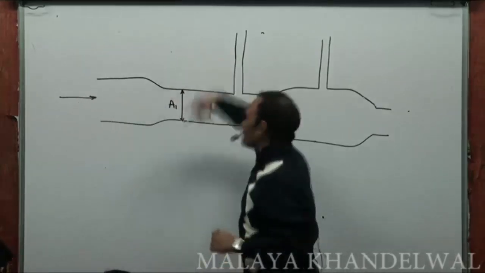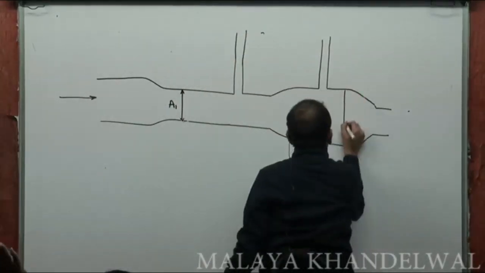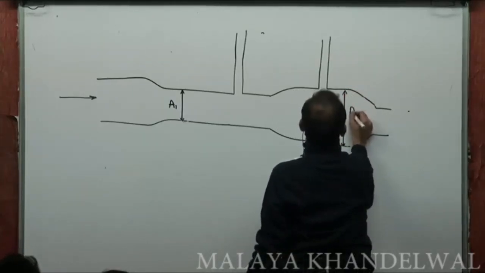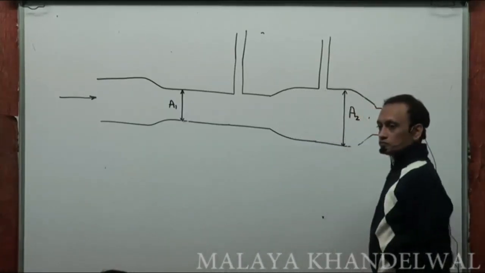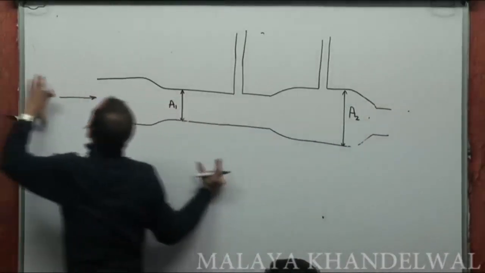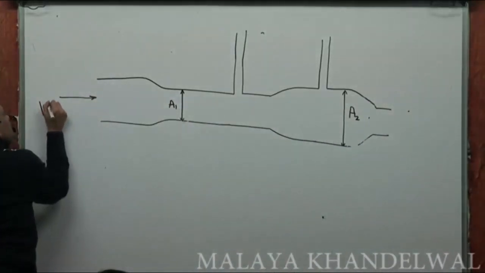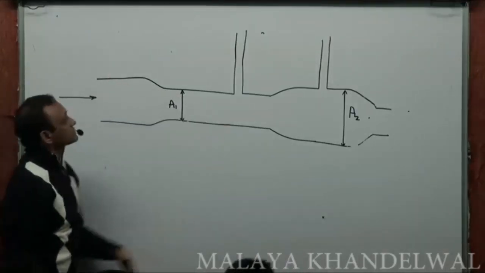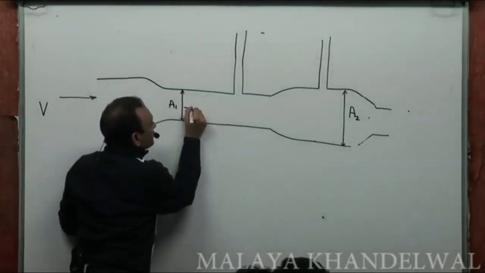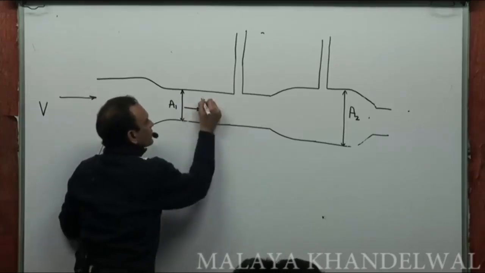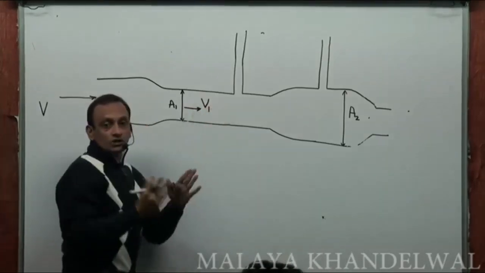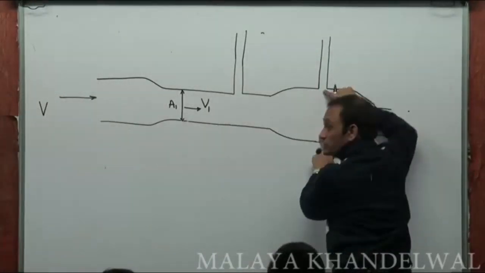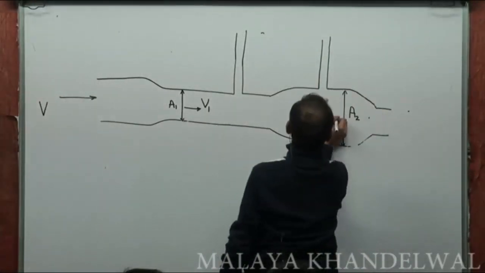It has a broader section of area of cross section A2. Now, when it is connected in series, if V is the velocity in meters per second entering this, and let's say at A1 the velocity becomes V1, and at A2, which is the greater cross section, velocity becomes V2.